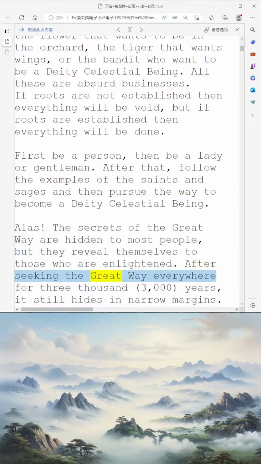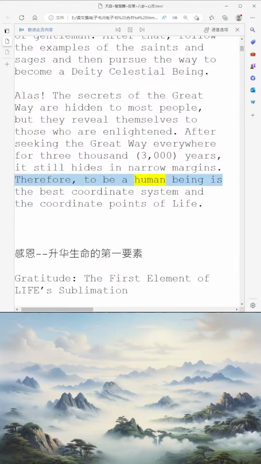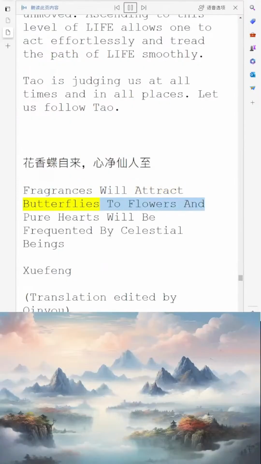After seeking the Great Way everywhere for 3,000 years, it still hides in narrow margins. Therefore, to be a human being is the best coordinate system and the coordinate points of life. Fragrances will attract butterflies to flowers, and pure hearts will be frequented by celestial beings.